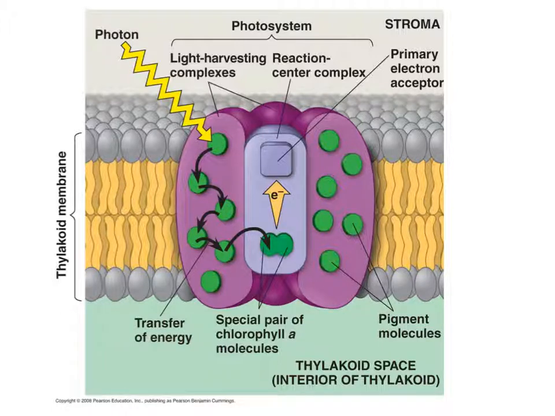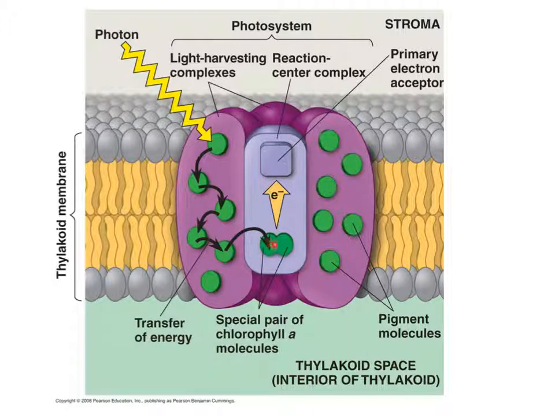So the electrons are going to get energized. Then when they fall, they're going to transfer that energy to another pigment molecule. Those electrons energize, and then when they fall, they transfer it to another pigment, so it bounces around until it hits these two middle pigments here. They're special chlorophyll A's. That's the P680 or P700.